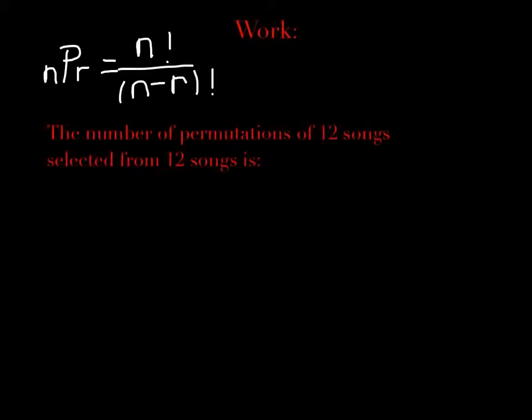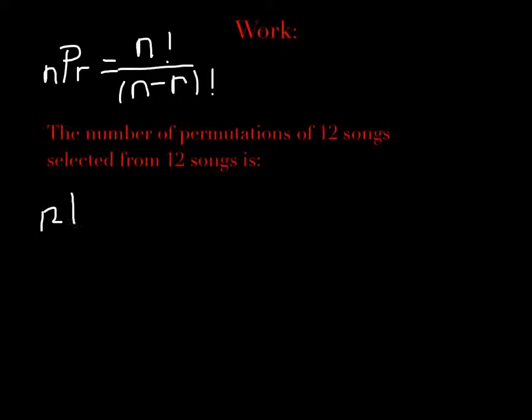Okay, so now that we know that, I think it's time we try to solve our problem. So remember, the formula is nPr, which is equal to n factorial over (n minus r) factorial. Given the information that the problem provides to us, we know that there are 12 total songs, so that would be represented by n.